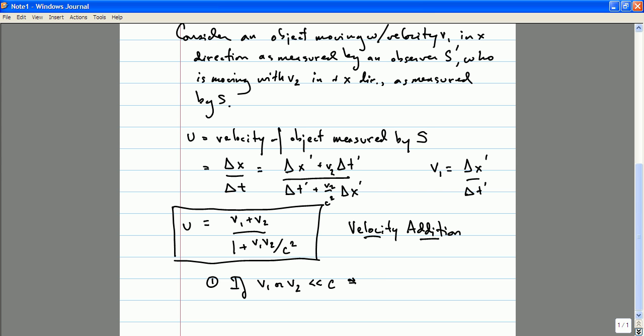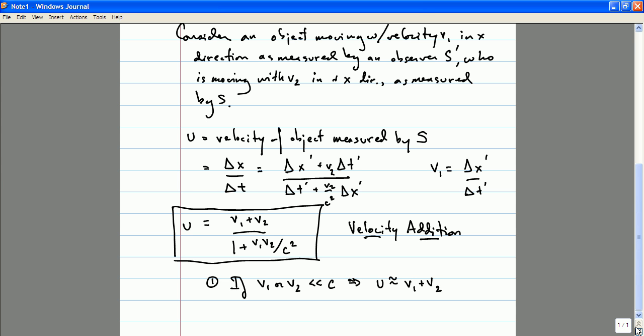And so the velocity as I measure it in frame S will be very close to v1 plus v2. And indeed, that is the standard formula for the addition of velocities in Newtonian physics. So we see, as we would expect, that in the limit where the velocities are very small compared to the speed of light, we get the intuitive expected answer, which is v1 plus v2.